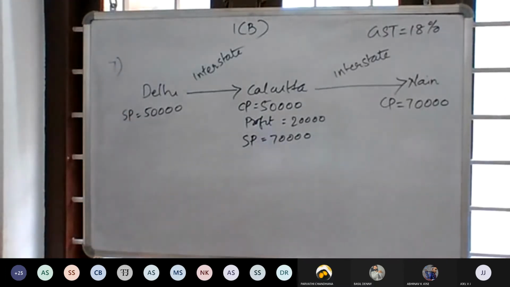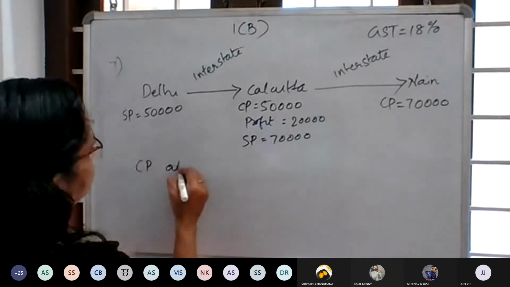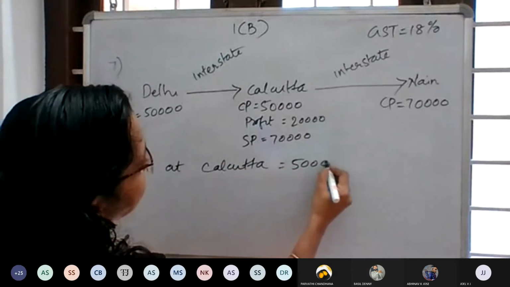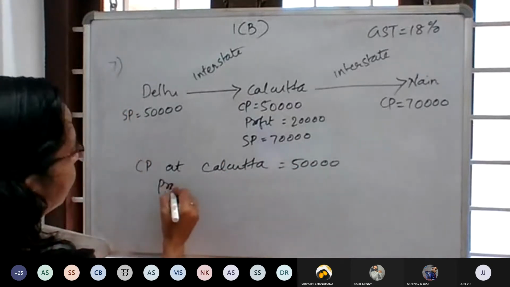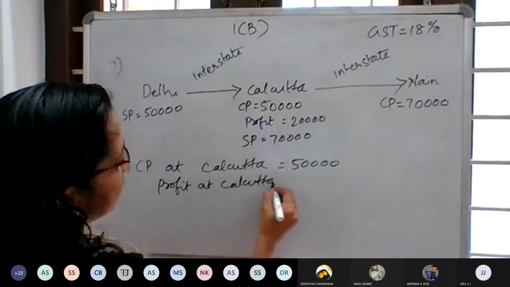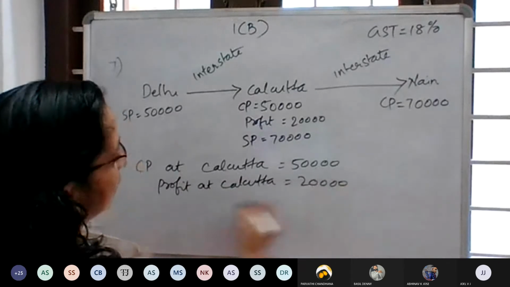So next step, CP at Calcutta is equal to 50,000. Then profit at Calcutta is equal to 20,000.